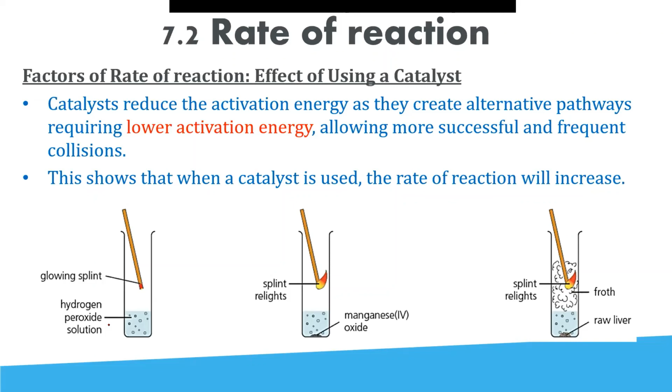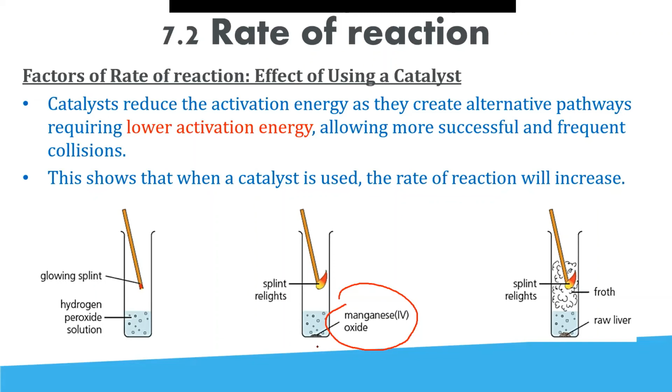So take a look at this reaction in this diagram. A glowing splint is used with hydrogen peroxide solution. Now, a glowing splint, we all know, is used to test for gas. When hydrogen peroxide breaks down or decomposes, it produces oxygen gas and water. But hydrogen peroxide itself will not decompose easily. You have to use a catalyst. Here the catalyst is manganese(IV) oxide.